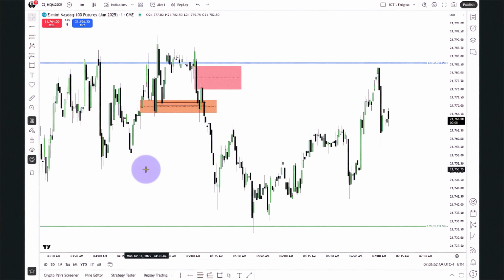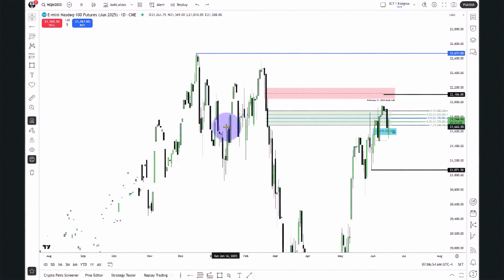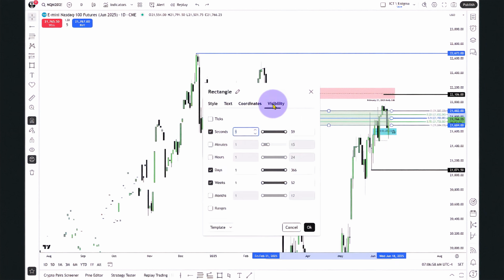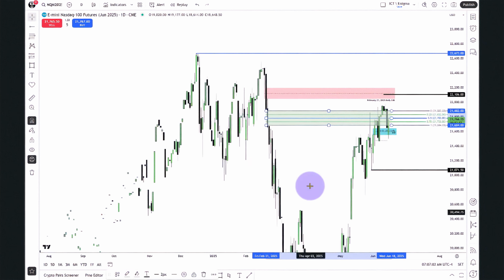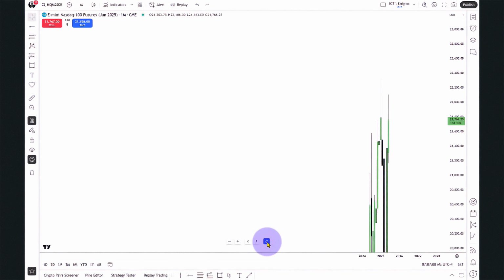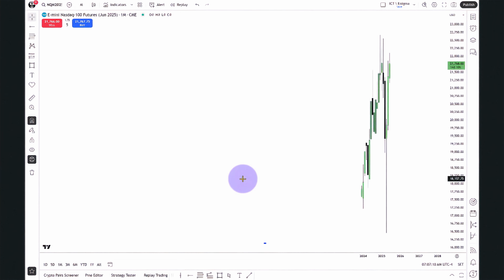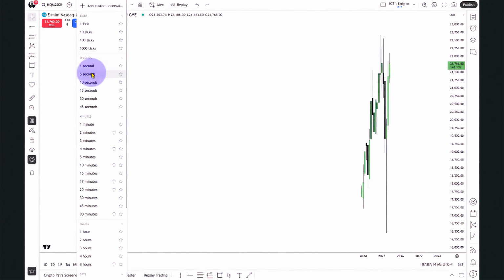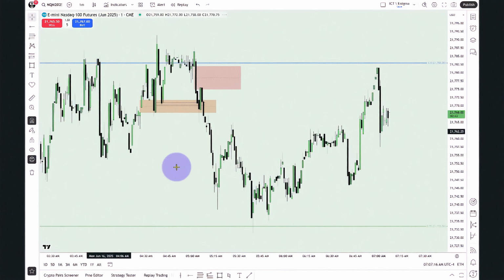I got to highlight this and make sure it shows up in the lower time frames. All right, so let's transport ourselves right back down into the 1 minute chart. Get the monthly. Out of shape here, ICT. Got to get back into the rhythm.